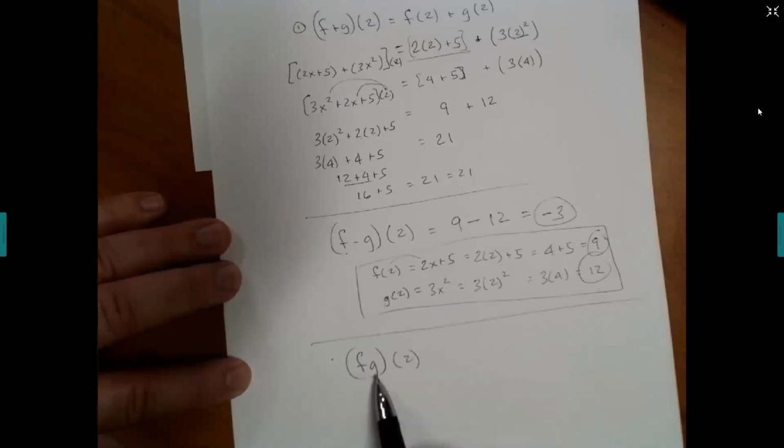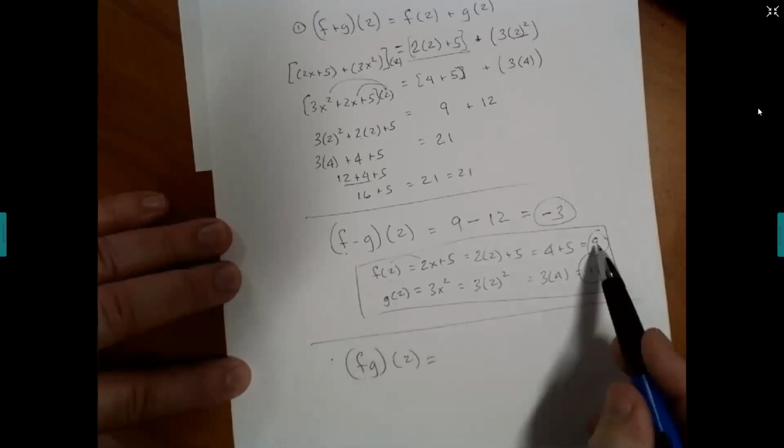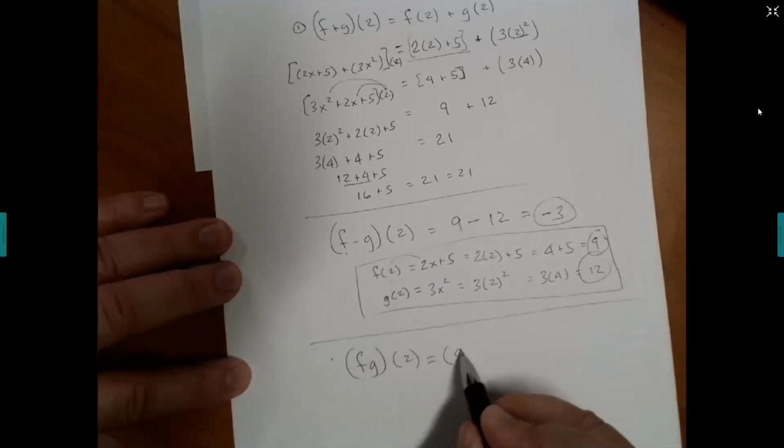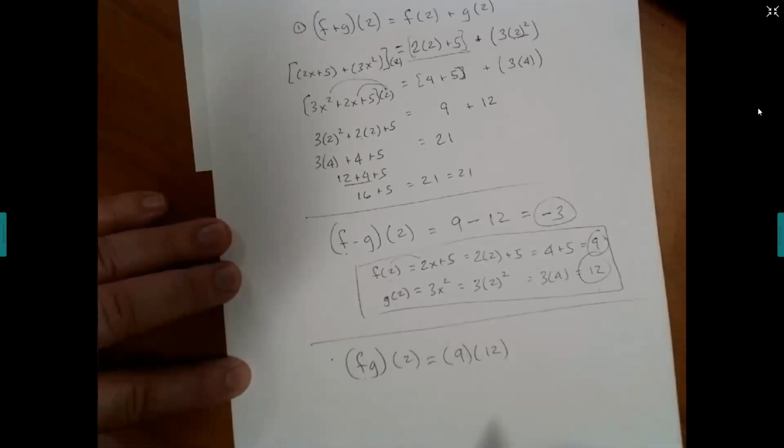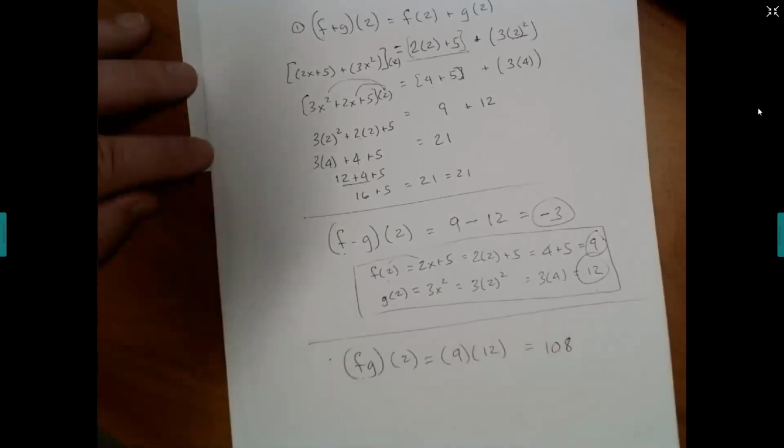Okay. We know what the values of f of 2 and g of 2 are, so all I have to do is put the values in. 9 times 12, 108.